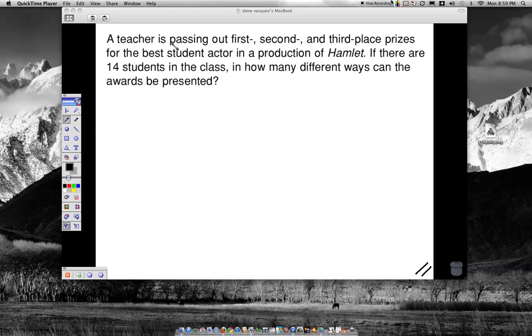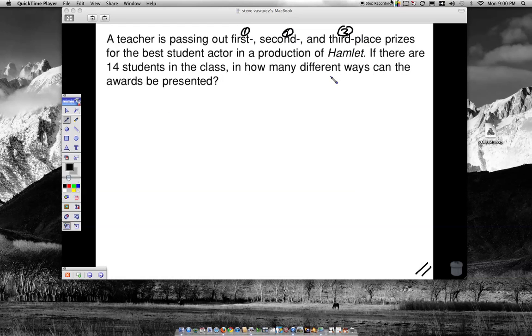Next one is another word problem. A teacher is passing out first, second, and third place prizes for the best student actor in a production of Hamlet. If there are 14 students in the class, in how many different ways can the awards be presented? It's pretty simple to see here that order matters because we've got first, second, and third place winner.